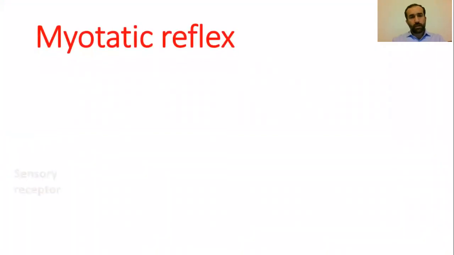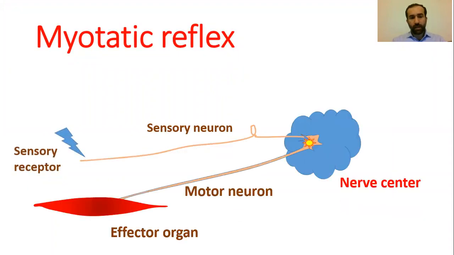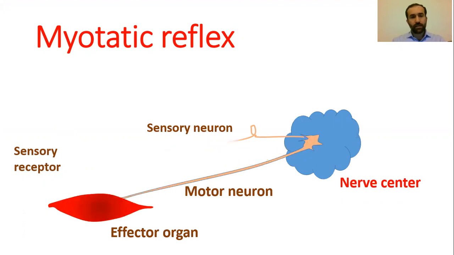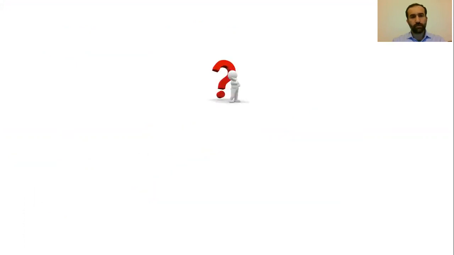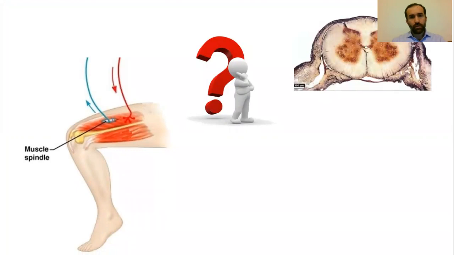Now, this myotatic reflex has a pathway, and it has the sensory receptor found inside the muscle, which is the neuromuscular spindle. Now, the question that I asked you at the end of the last video is, how is this reflex connected to its center? Because the center is the spinal cord, as you know.